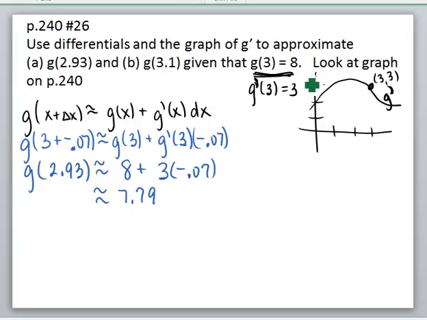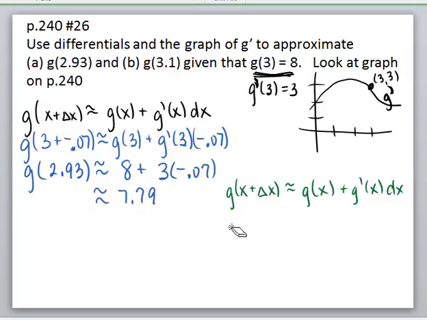The second value I'm supposed to find is g of 3.1. So the formula g of x plus change of x is approximately g of x plus g prime of x dx.